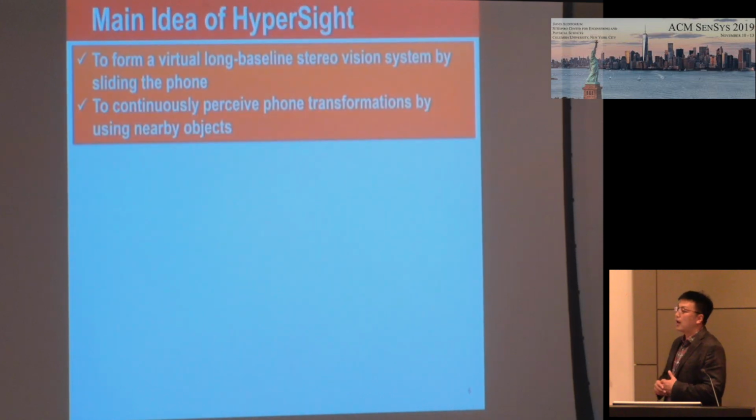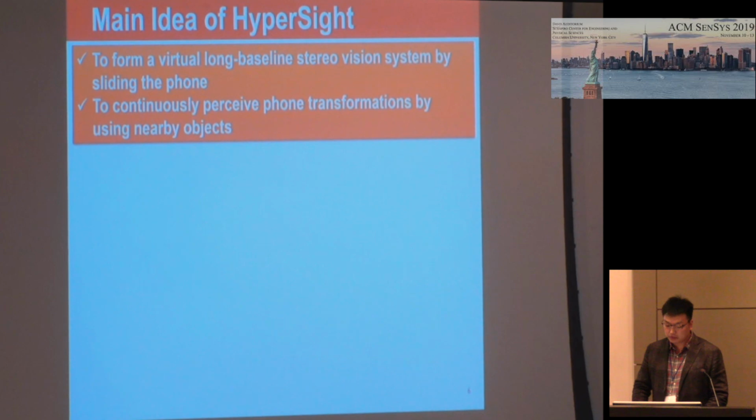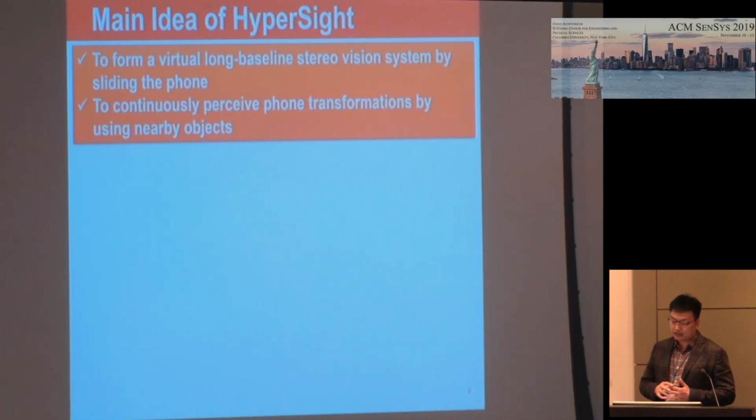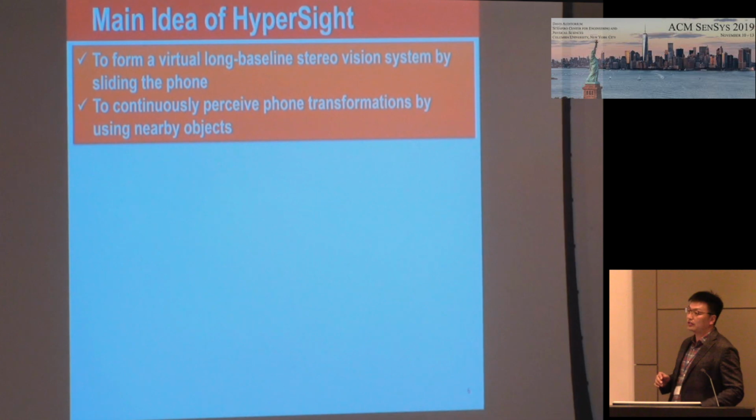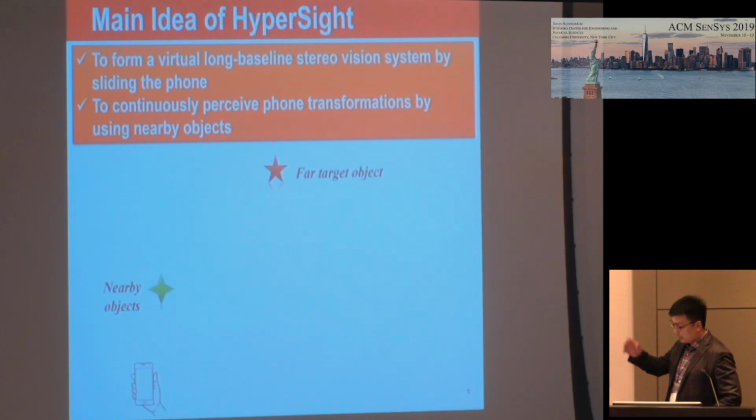So how do we deal with this problem? This is the core idea of HyperSight. We try to form a virtual long-baseline stereo vision system by sliding the phone in the air. We also need to continuously perceive how the phone transforms while you do the sliding operation. Here is an example.